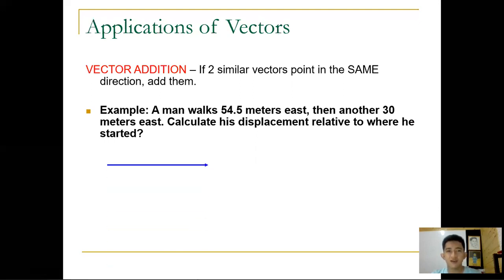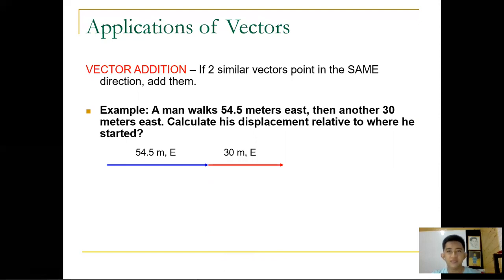So we have the first vector, represented with this blue arrow, 54.5 meters east. And then the man walks another 30 meters east, which is represented by this red arrow.